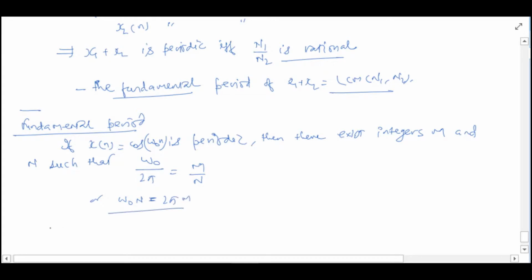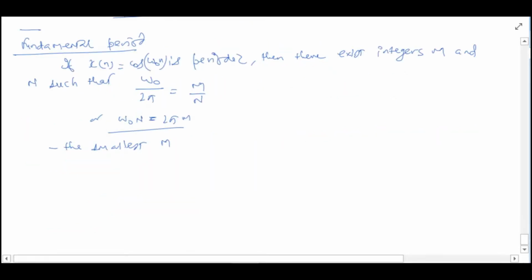The smallest n for which the equality holds is called the fundamental period of x[n].